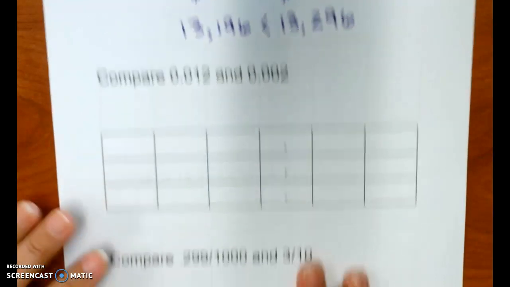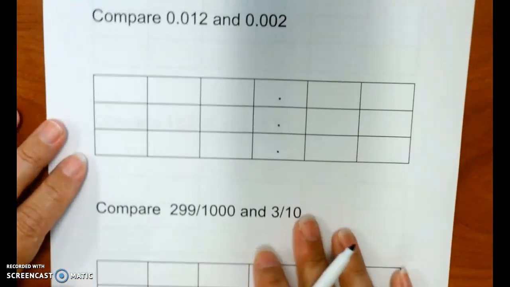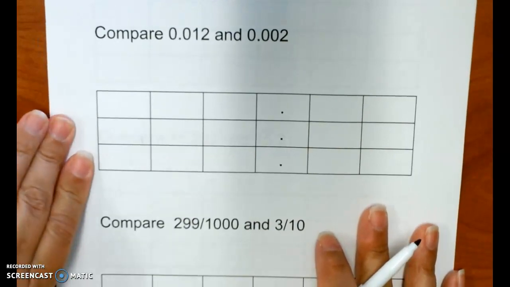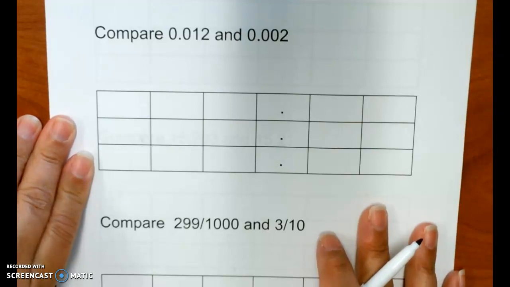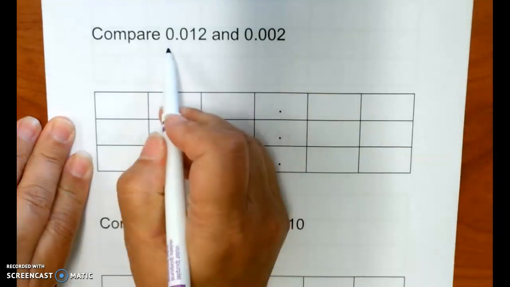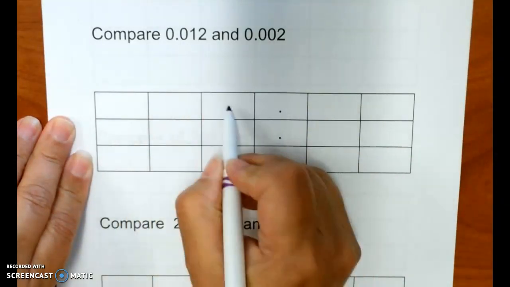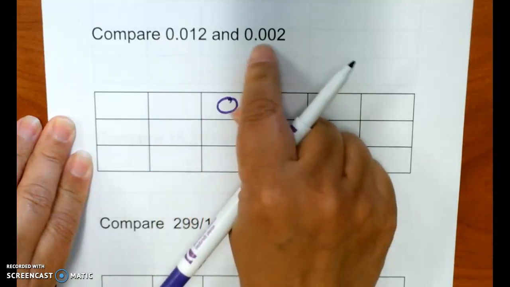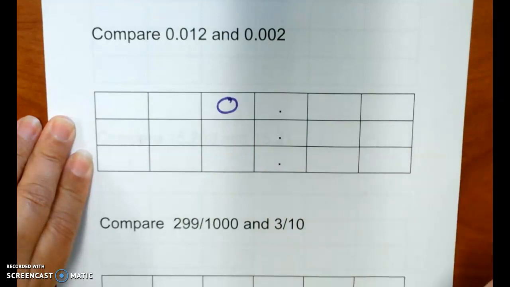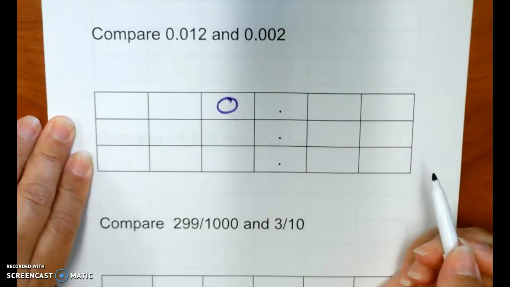Now, I want you to get your place value chart and do these next ones on your place value chart. Now, we need to compare 12 thousandths and 2 thousandths. So, we're going to write it on our place value chart in standard form. We're going to write 2 thousandths in standard form, except that Miss Walker messed up this place value chart and didn't make it big enough.